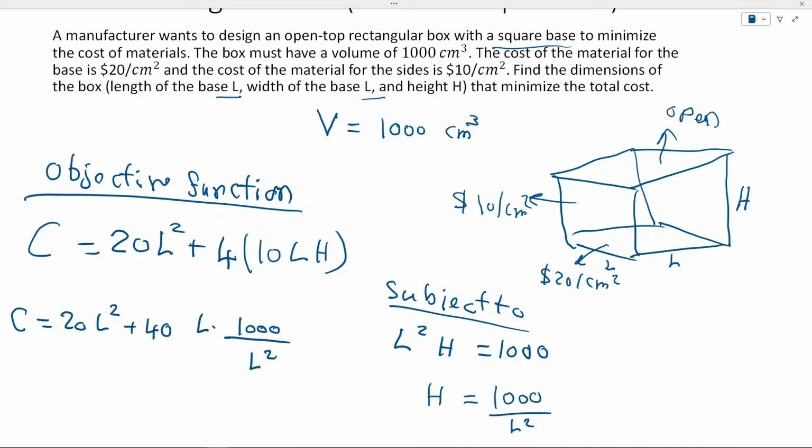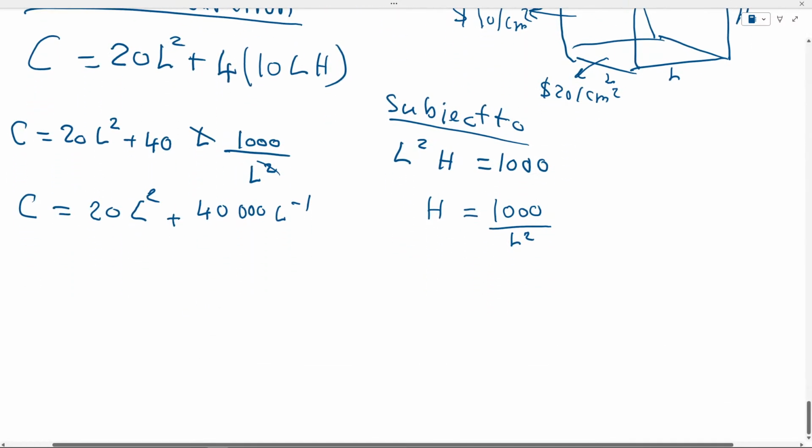So this will go away with this. So basically my cost is equal to 20 L square plus, I multiply this 40 onto 1,000, and then I can bring this up, L to the minus 1. So basically that is my objective function.